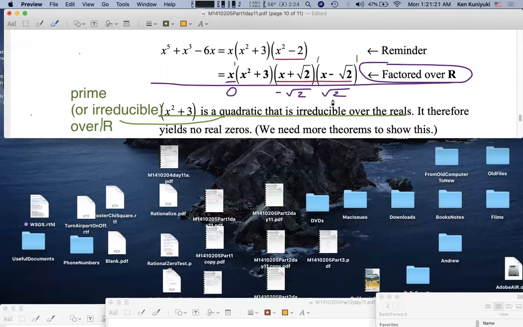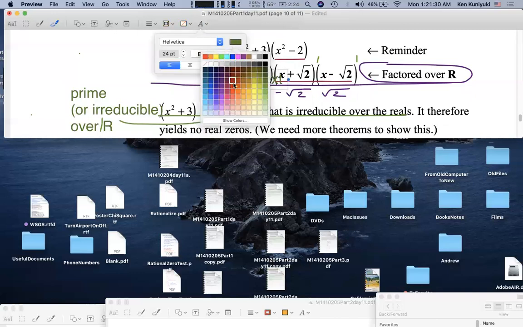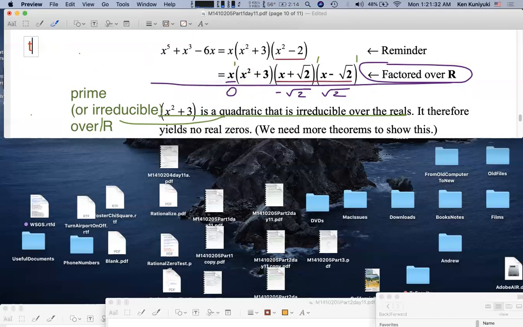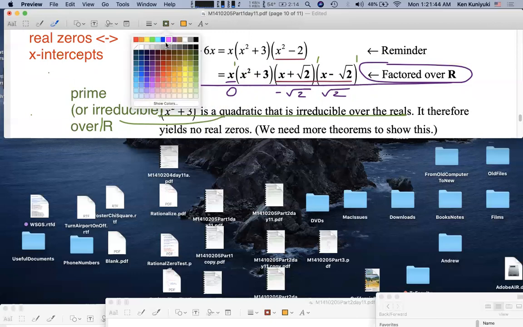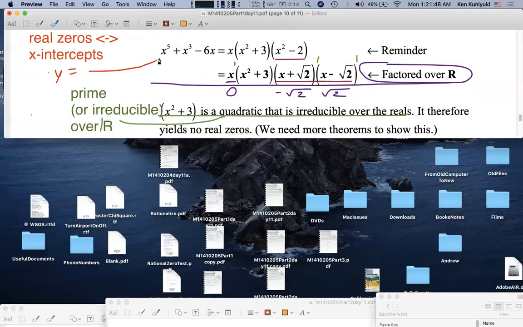And remember, these real zeros correspond to what points on the graph of y equals this fifth degree? Remember that the real zeros of the function correspond to the x-intercepts of the graph. So if we're to graph this thing, y equals this fifth degree, what would it look like? I'll give you 15 seconds.